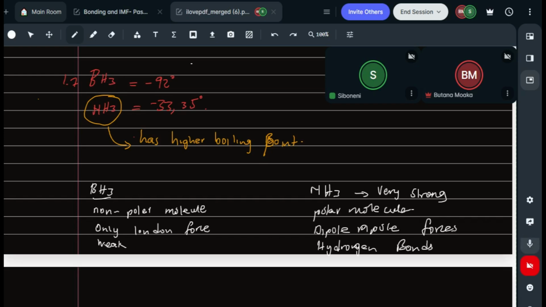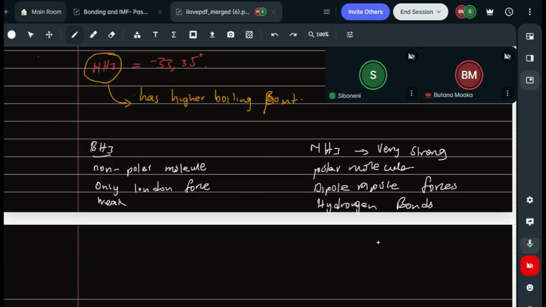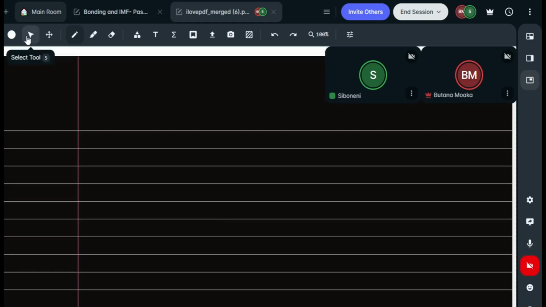Right. So when I look at this, I'm just going to give you the answer now. By using the intermolecular forces, I'll put my answer like this. But before I give you the answer, remember, the stronger the intermolecular forces, the more energy is required to overcome them, which is why they have higher boiling points. Their bonds are stronger, so more energy is required to break them.